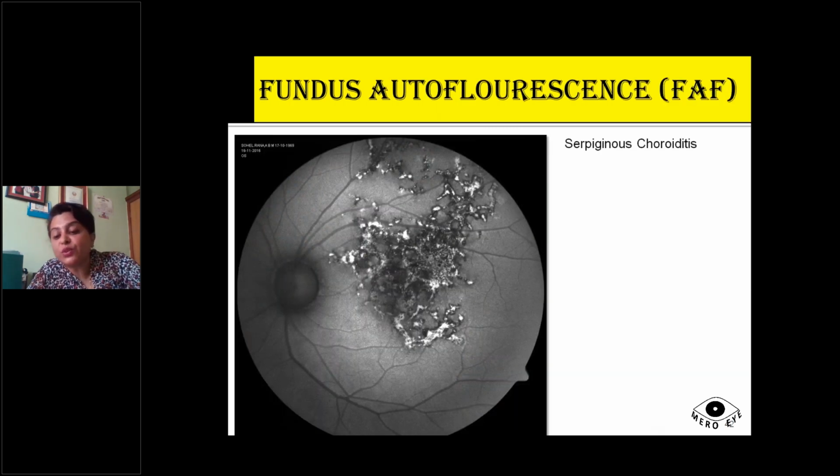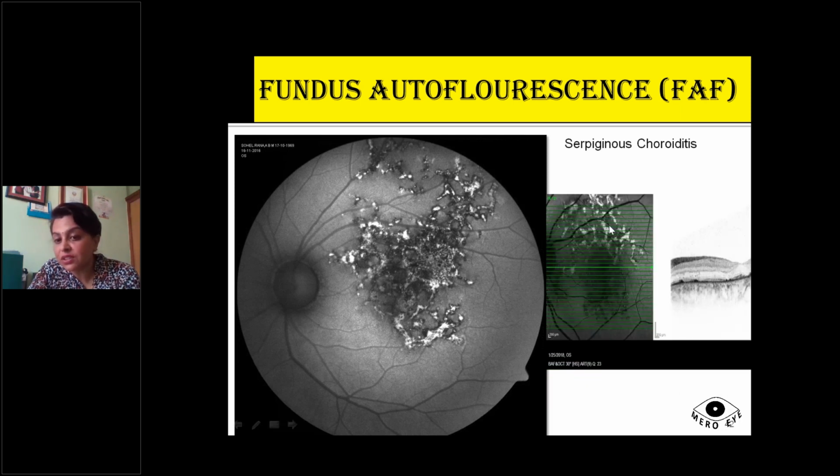And what are the newer investigations, or the existing investigations, that we can do to evaluate a case of posterior segment lesion? One of the simplest is the fundus autofluorescence. This was the fundus autofluorescence picture in a case of serpiginous choroiditis. This can be done in a fundus camera by changing the blue filter, or we are practicing this using the BAF mode in the OCT.